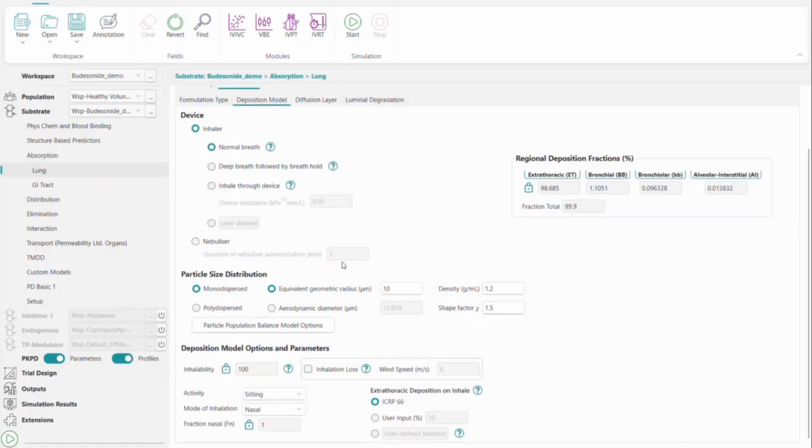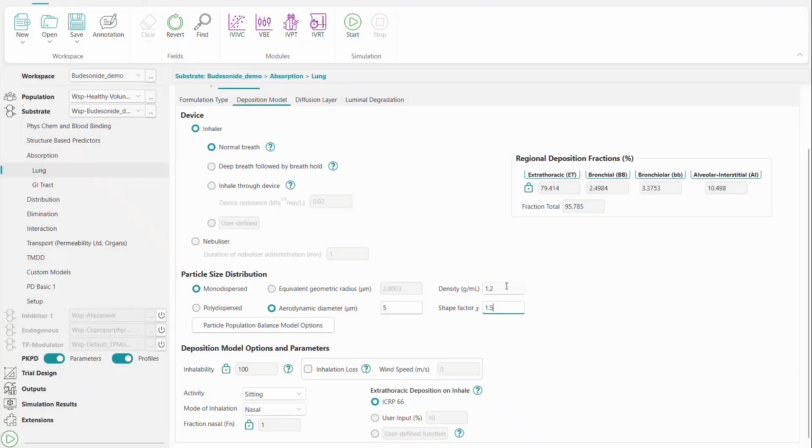The key parameter for deposition is the particle size. Typically there'll be information on the aerodynamic diameter rather than the geometric diameter. You can see there's a difference between the aerodynamic diameter and the geometric diameter there. There are a couple of parameters on the end here, the shape factor and density.